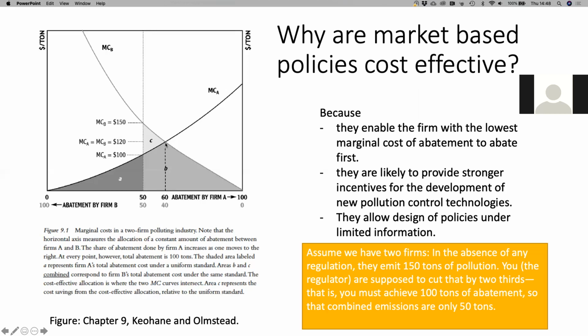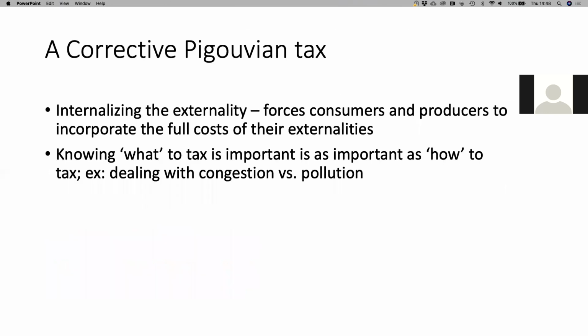So if it wants to reduce that cost of abatement, and if the value is high enough, the incentive for these firms to find ways to reduce their costs of abatement will be higher. So as a regulator, you don't have to tell the firms how to reduce their emissions. Instead, you just give them the incentives which allow them to reduce emissions.